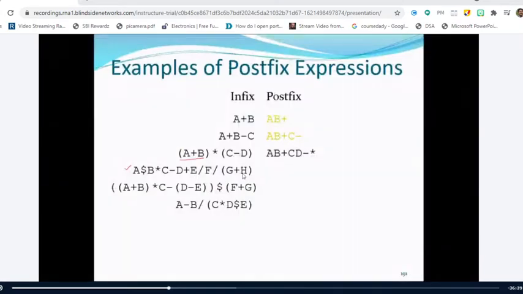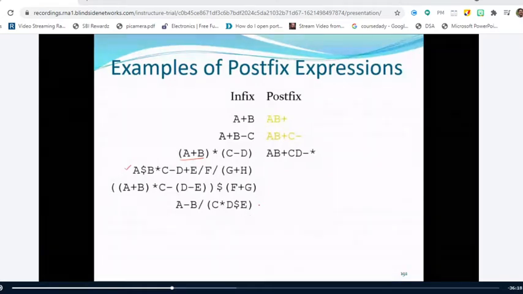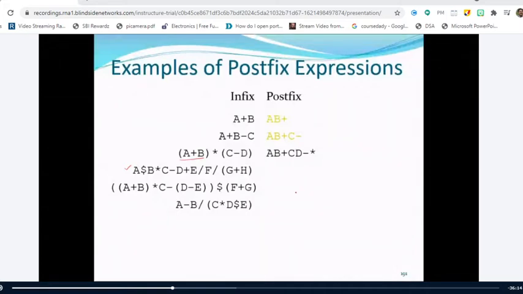Right. So did anybody try this and tell me what is the answer? You got it? Tell me slowly what answer you got.